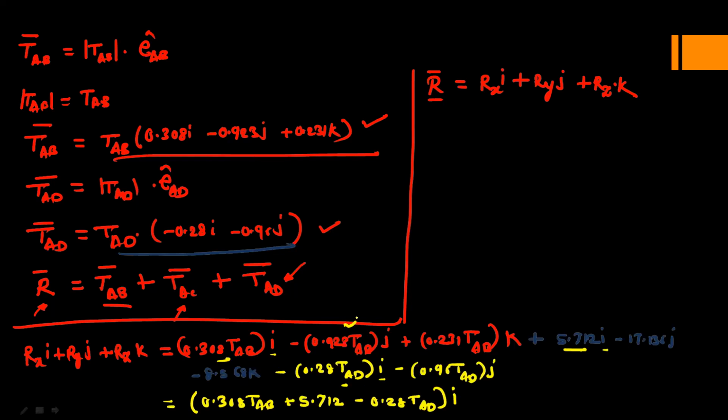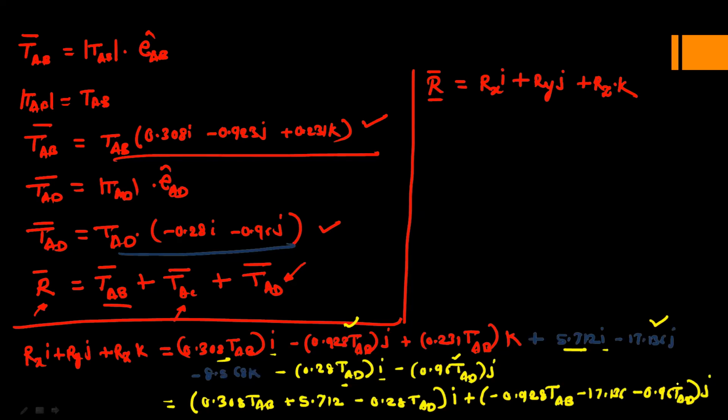Similarly, for the j terms, in the bracket: minus 0.923 tension AB minus 17.136 and minus 0.96 tension AD, into unit vector j.